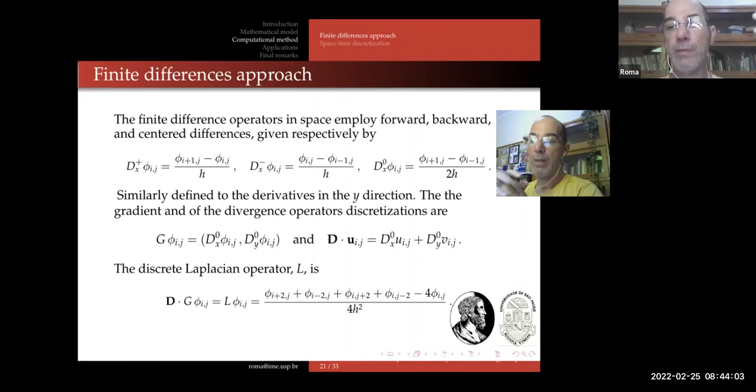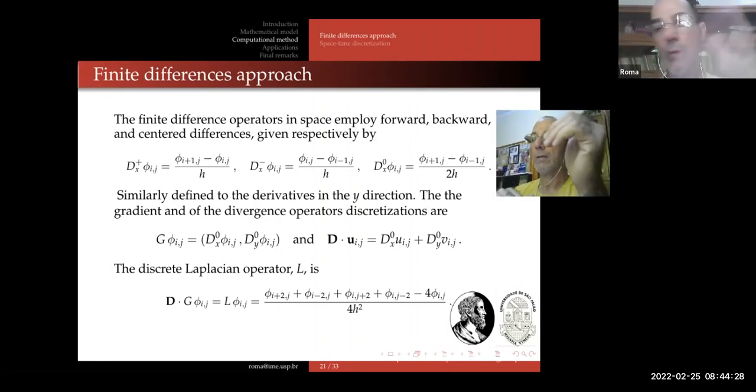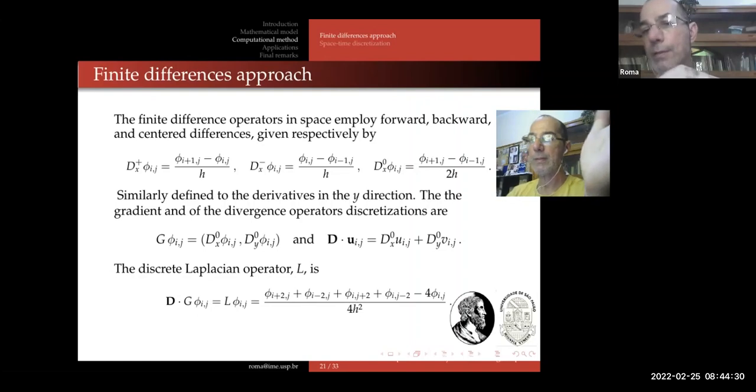So in the discretization process using finite differences, I just transform the continuum model, the partial differential equations, into a set of algebraic, often nonlinear equations that I have to solve in the computer.